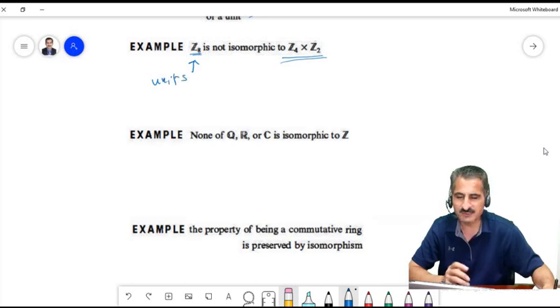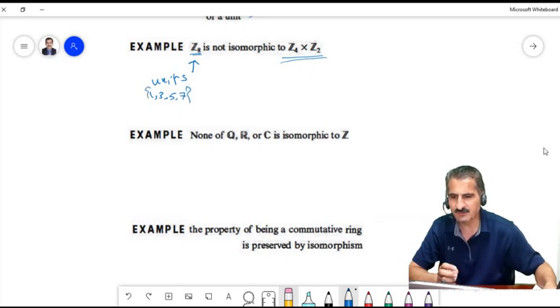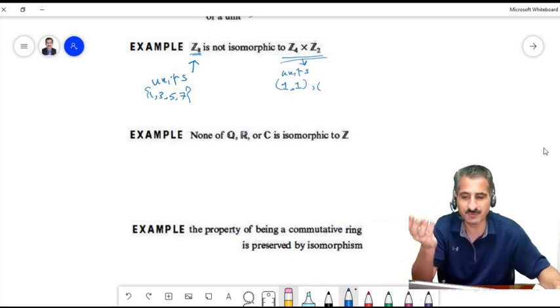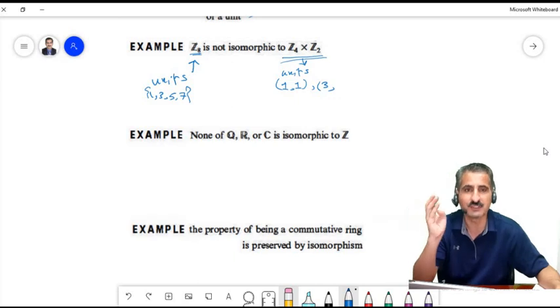The units in Z8, you know them, they are 1, 3, 5, and 7. And how many units are in Z4 cross Z2? The units of Z4 are 1 and 3, so the first coordinate shall contain 1 and 3.